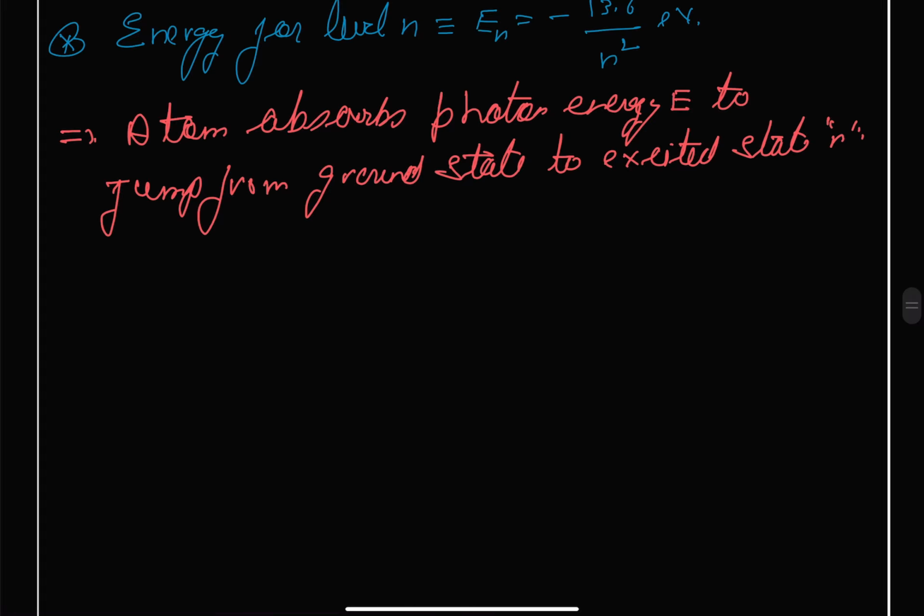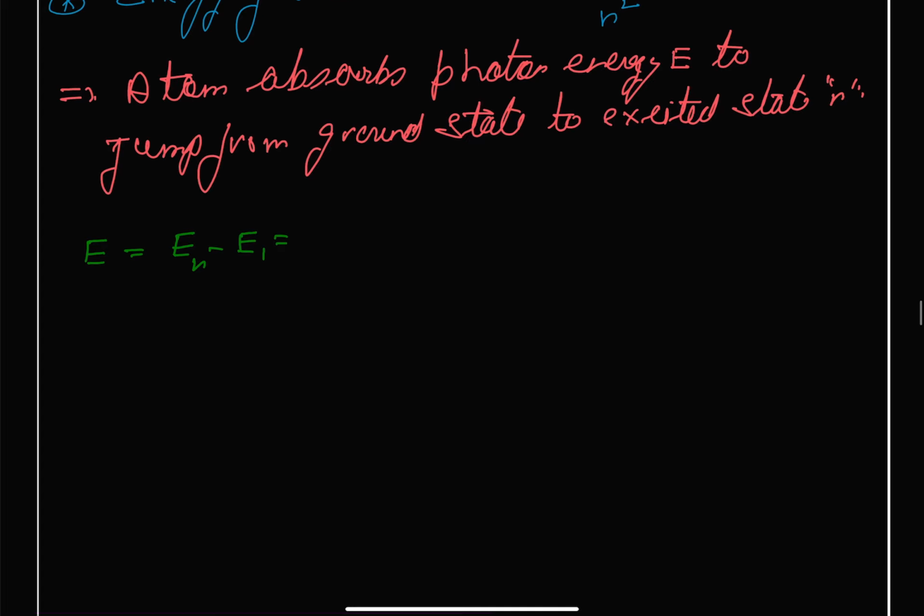Therefore, E will be equal to En minus E1. So we get minus 13.6 upon n square minus of minus 13.6 upon 1 square. This gives us 13.6 times (1 minus 1 upon n square).